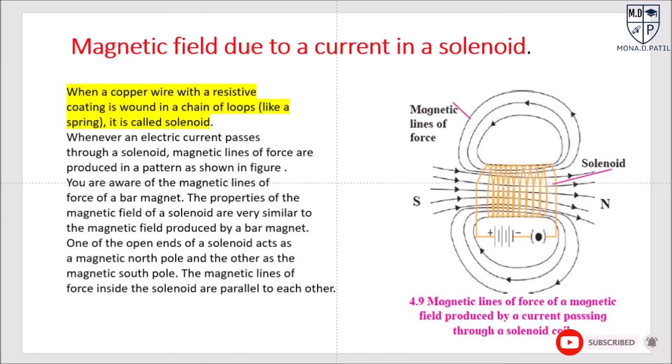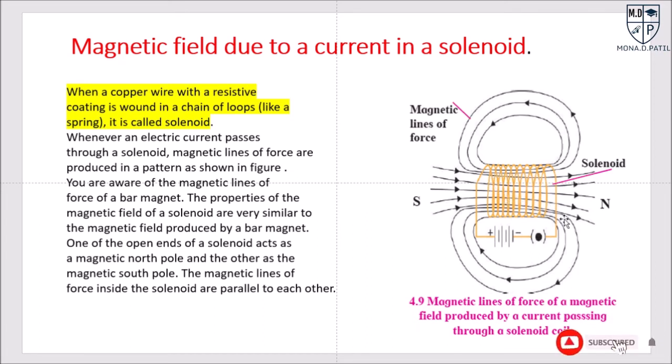Whenever an electric current passes through the solenoid, magnetic lines of force are produced in a pattern as shown here. These are the magnetic lines over the solenoid. You are aware of the magnetic lines of force of a bar magnet. The properties of the magnetic field of a solenoid are very similar to the magnetic field produced by a bar magnet.